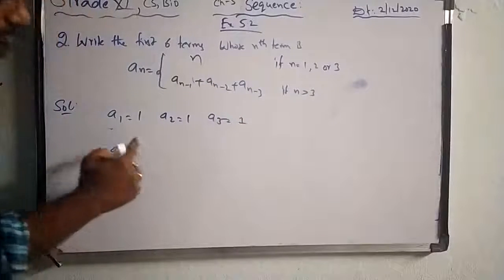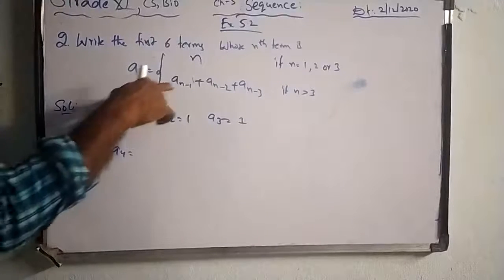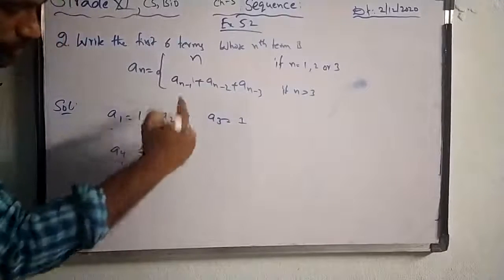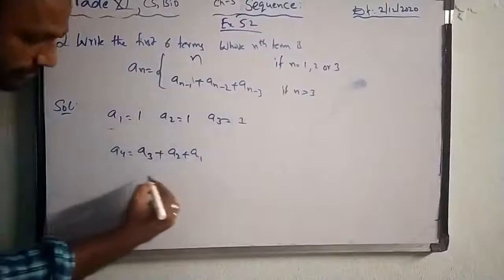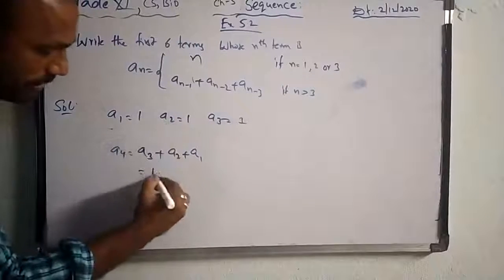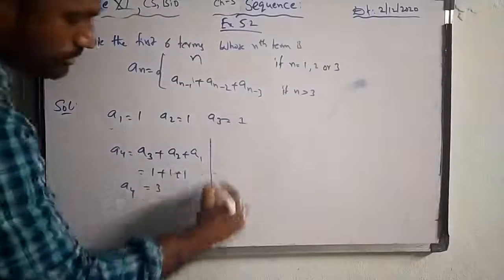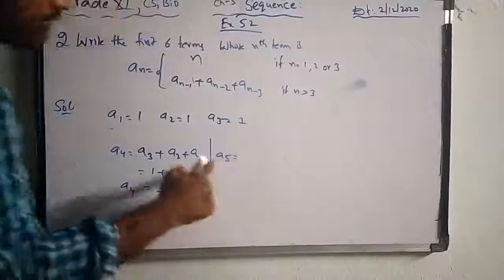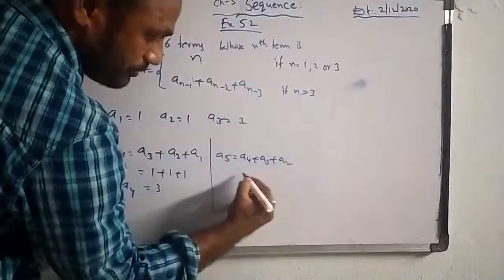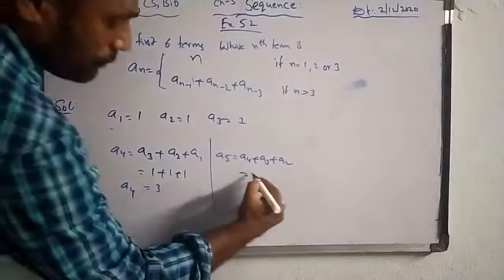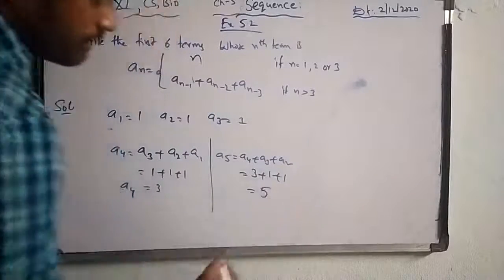Next, the fourth term, n value is more than 3, so I have to consider A(n-1) plus A(n-2) plus A(n-3). For A4, A3 plus A2 plus A1, that is 1 plus 1 plus 1, which is 3. Next, A5 is A4, A3, A2.